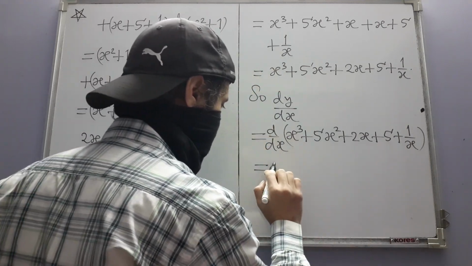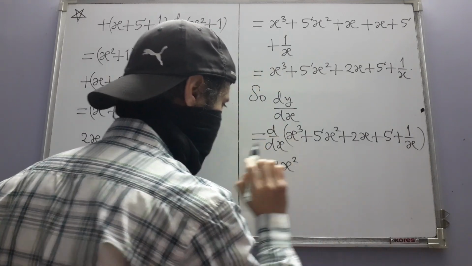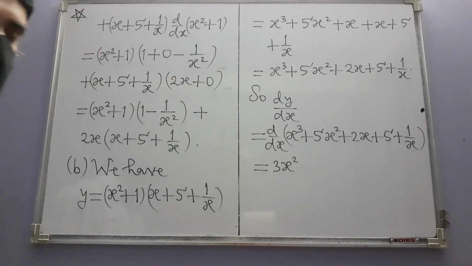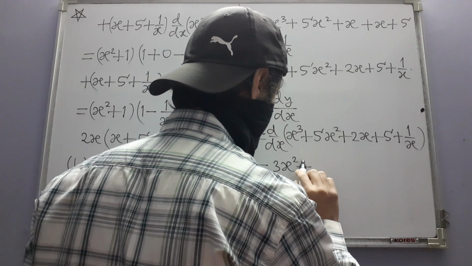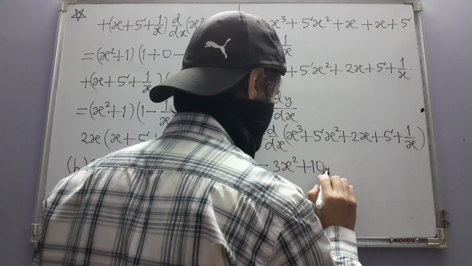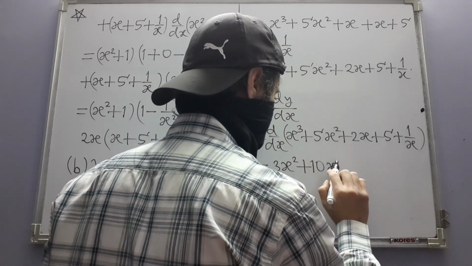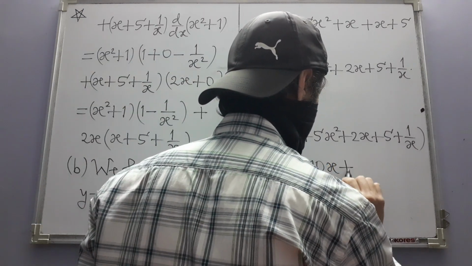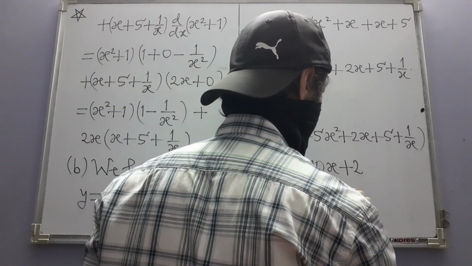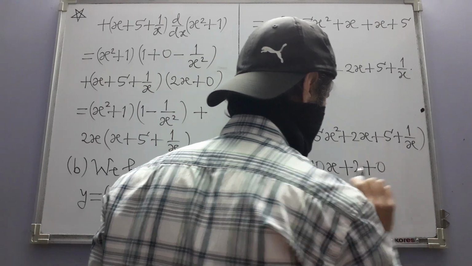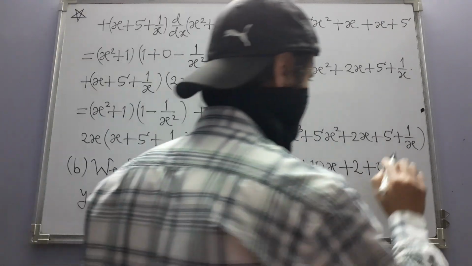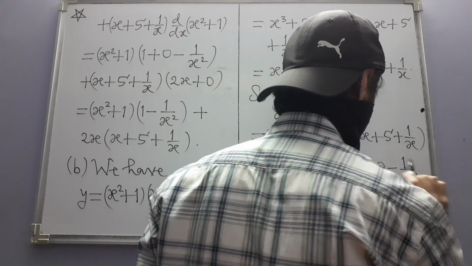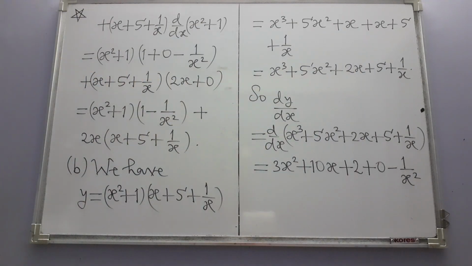This one, when differentiated, will become 3x square. If you bring 2 down in the next term, it gets multiplied with 5 and becomes 10, and the exponent gets reduced by 1, meaning it will be x. Plus, differentiating 2x, you get 2. Differentiating 5, you get 0. And differentiating this one, as before, you get minus 1 over x square.